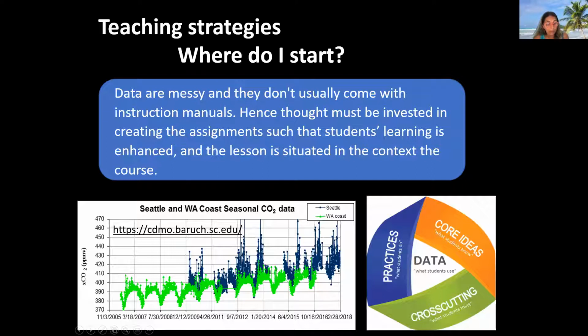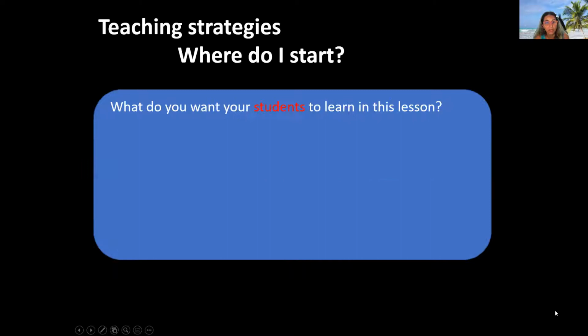So there's a lot of information, and we need to intentionally decide how we're using this information for our students, and that will depend on their background and the context of the classroom. So there are several questions we need to ask in order to do that. First of all, what do you want your students to learn from this lesson?